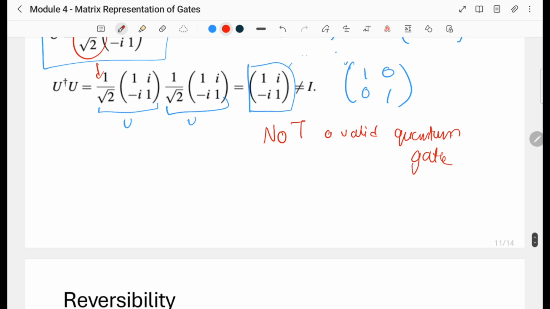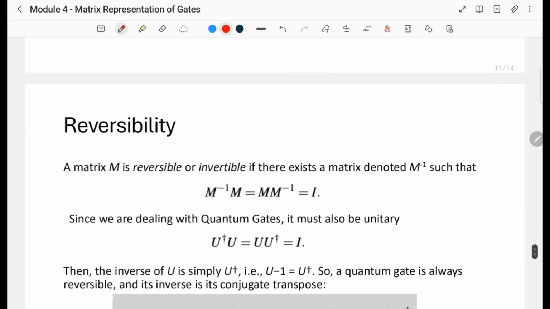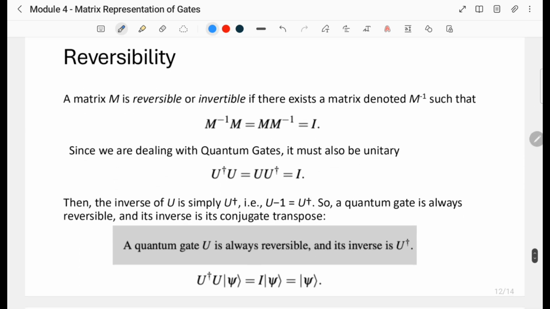Okay, let's go on to the next concept, reversibility. We looked at this concept in the previous lectures as well, where we tried to say which gates are reversible and which are irreversible, and we mentioned that only reversible gates can be quantum gates.